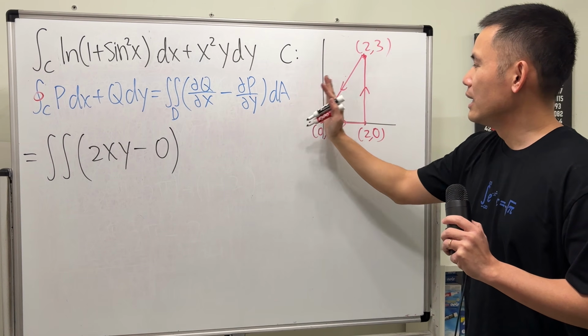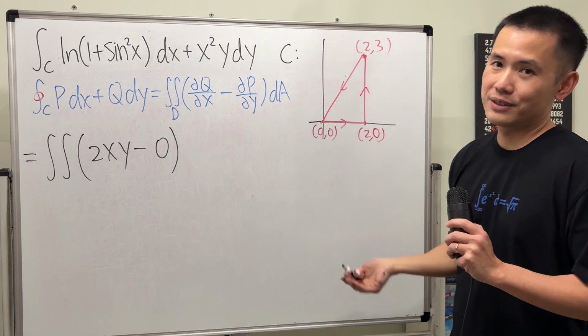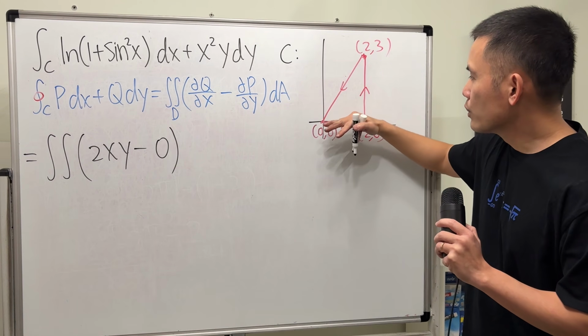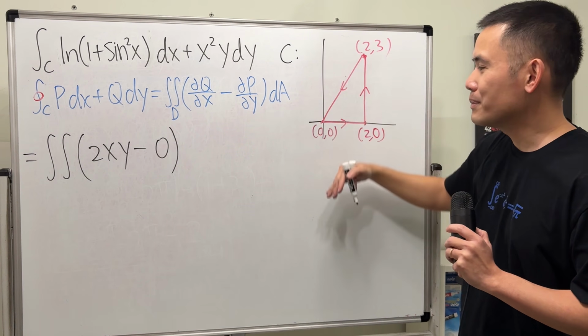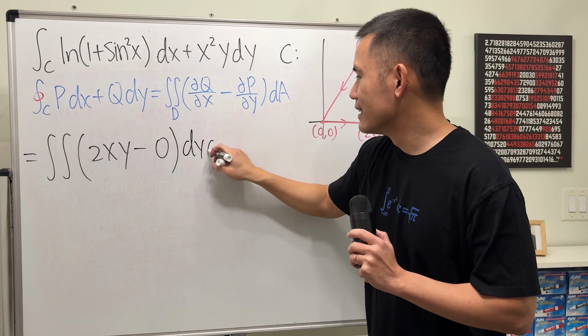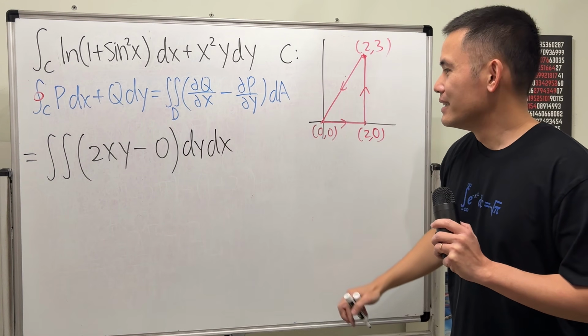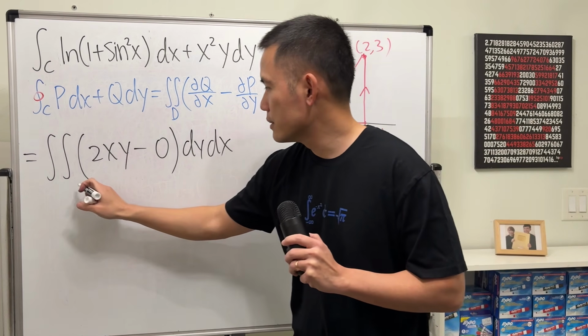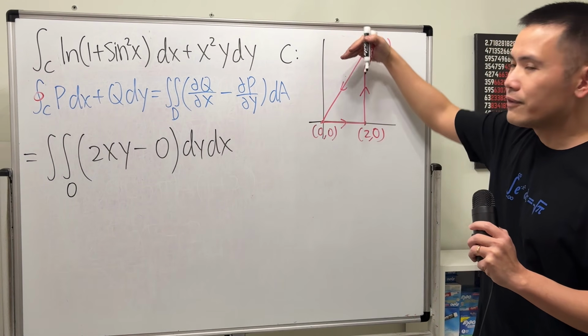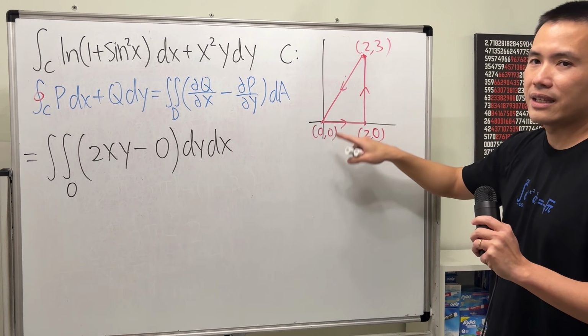Now for dA, it depends on how you want to do it. You can go from left to right first or up and down first, up to you. If you want to go from bottom to top, then you do dy dx. Now, we are in the y world first, we need the bottom function, which is just 0. Up to the top function, well, here we have a line.